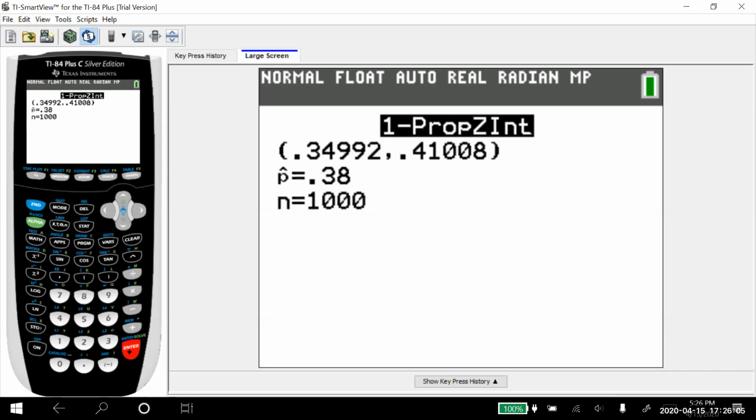And I get, so let's go to 3 decimal places this time, because if I want to change it to a percentage, that works out really well. So it's 0.349. I look at the next number that's also a 9, so I have to round up that 9 to a 10. Well, that makes it, instead of 3.4, it makes it 3.50. So my confidence interval is 0.350 to 0.410.